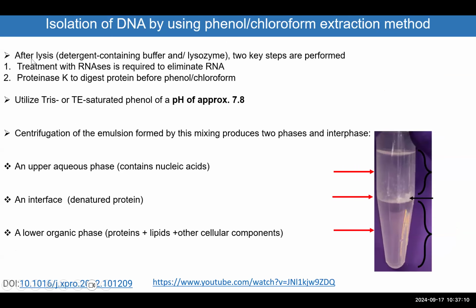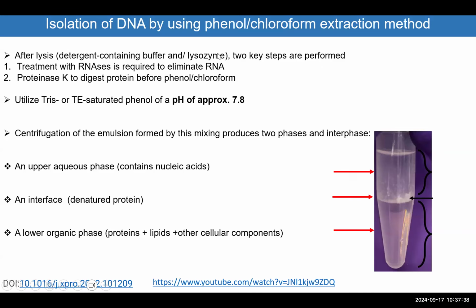Then right during the lysis, we have to have detergent in order to get rid of the membranes. And this could contain any of the detergents we just spoke about before, like SDS or NP40 or Tween 20 or whatever, and or lysozyme to destroy the cell walls.